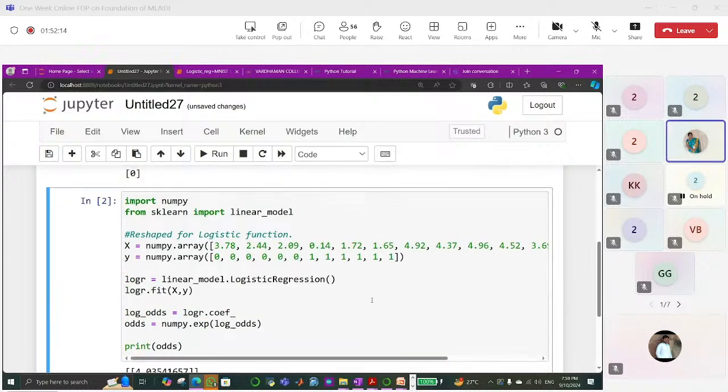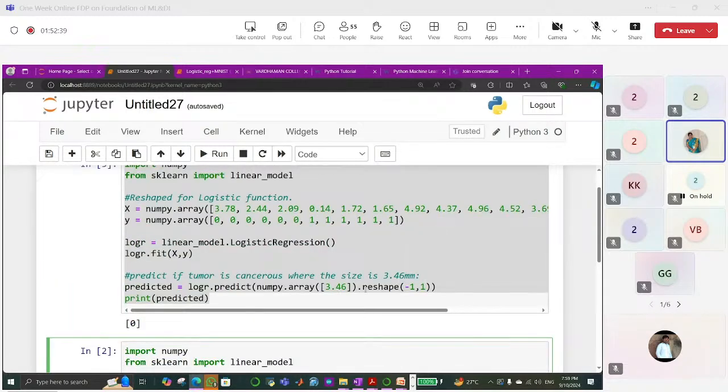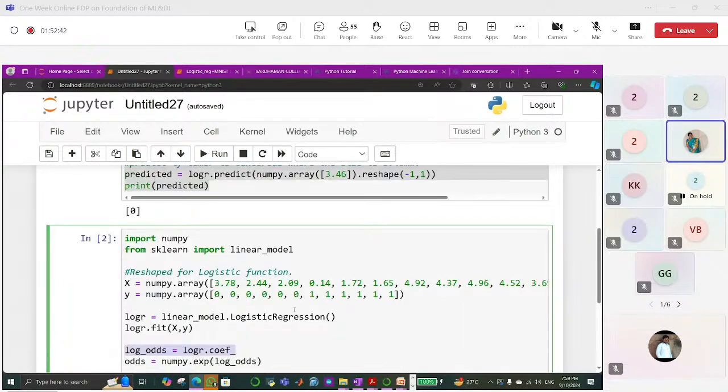Also one more example: import numpy, from sklearn import linear_model. Here we are adding one important command, that is log_odds equal to logr.coef_. Because of this statement, the size, suppose here we are considering 3.46, is enlarged by 1 mm extra.